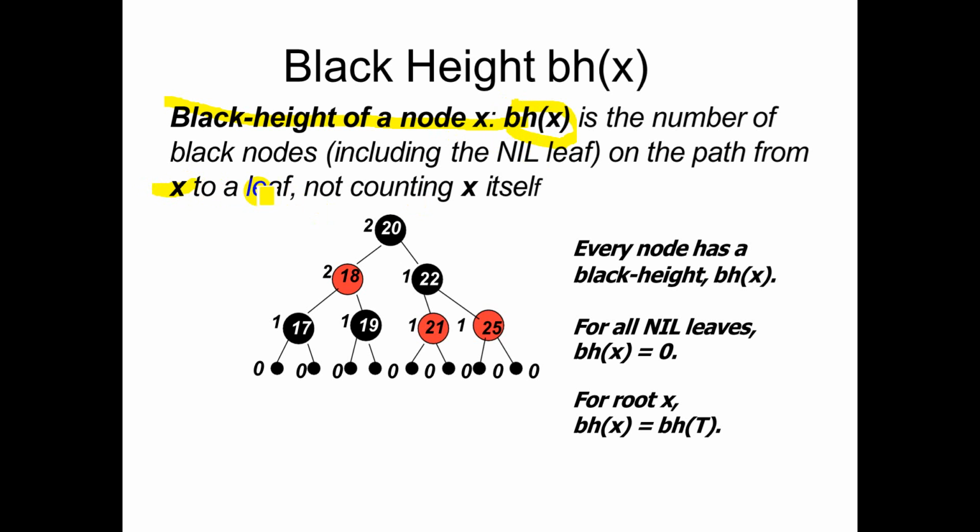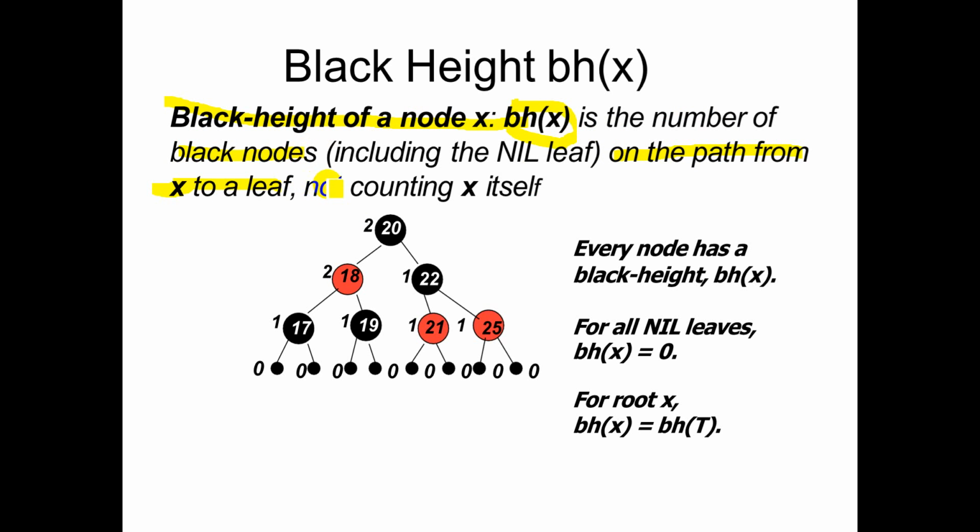I'm repeating, I know, but I have to make sure that you understand and are getting everything I said. Again, black height of a node x is the number of black nodes on the path from x to a leaf.